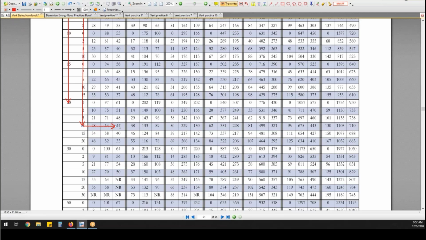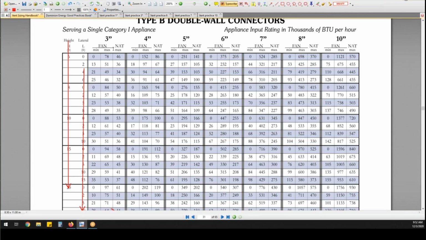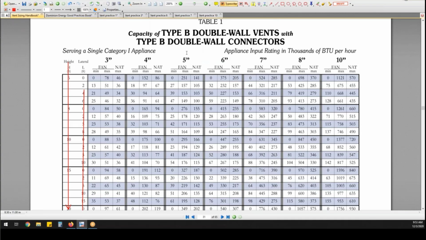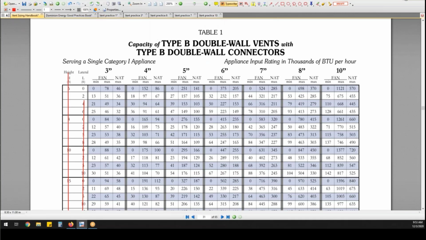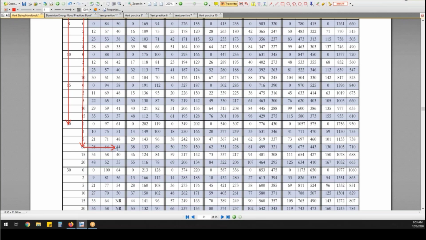Well, sure enough, that'll handle up to 44,000 BTUs, so that'll handle my 35,000 BTUs. So I could do that whole flue in 3-inch as long as the entire thing is double wall. So the whole flue right there, it works if everything is double wall.